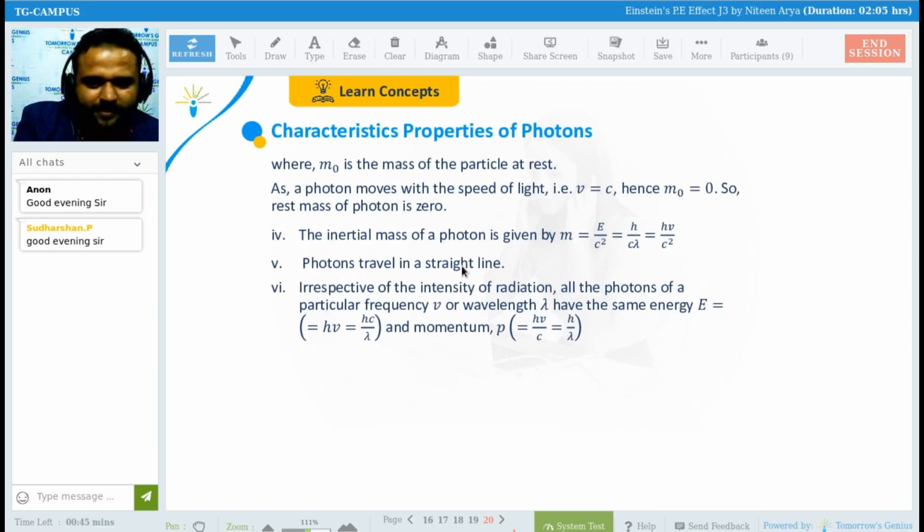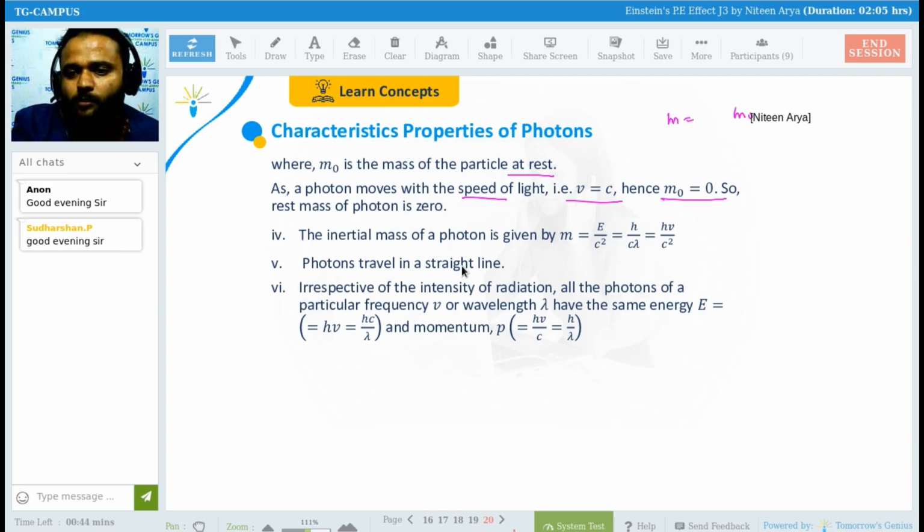So this is everything in the proper written format, where m naught is the mass of the particle at rest. As a photon moves with the speed of light, that is v equals c. Why? Because m equals m naught over the square root of 1 minus beta squared. You can see these terms in higher classes if you choose physics.